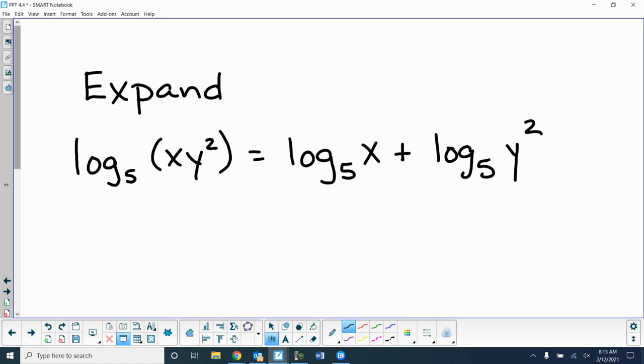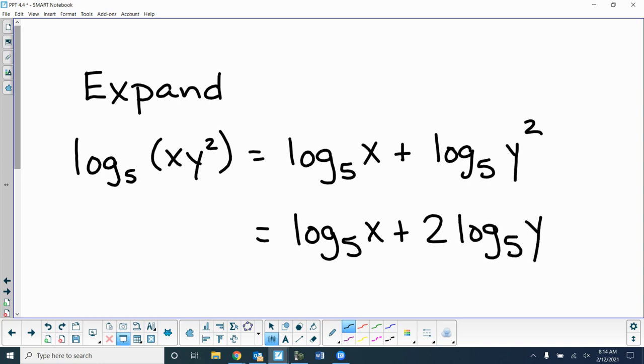So how do I get that exponent out of this spot? What did we just learn? I could move it into the front. So to get this fully expanded, this is log base 5 of x plus 2 times the log base 5 of y. It's okay to have numbers out front. They don't want any exponents left when we have it expanded, so we just move them out front.